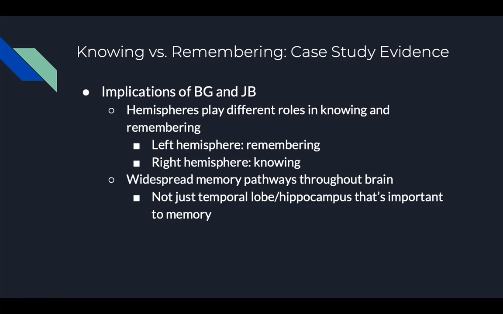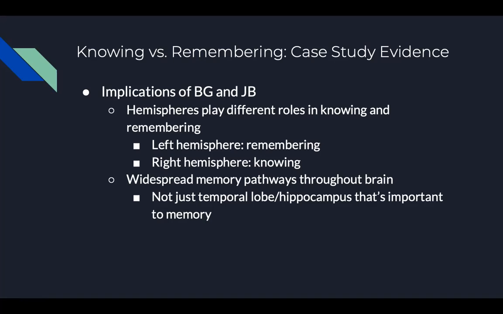In these two contrasting cases, we saw that BG and JB had damage in two very different areas of the brain, but it seemed like potentially the two hemispheres were contributing to this difference.